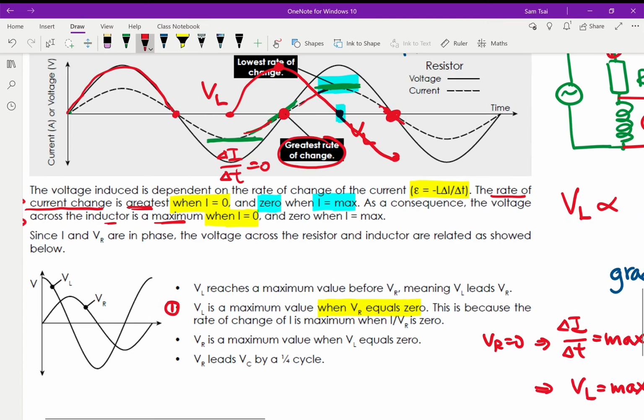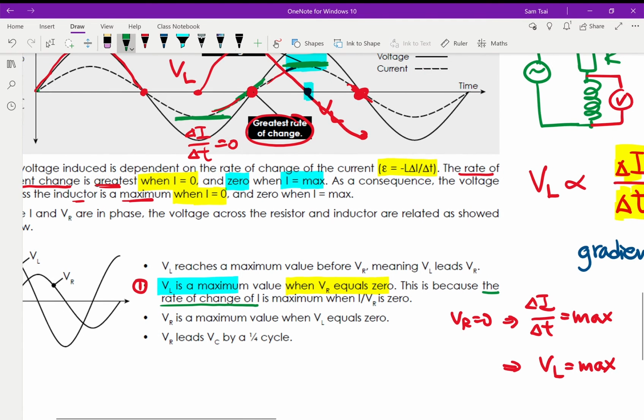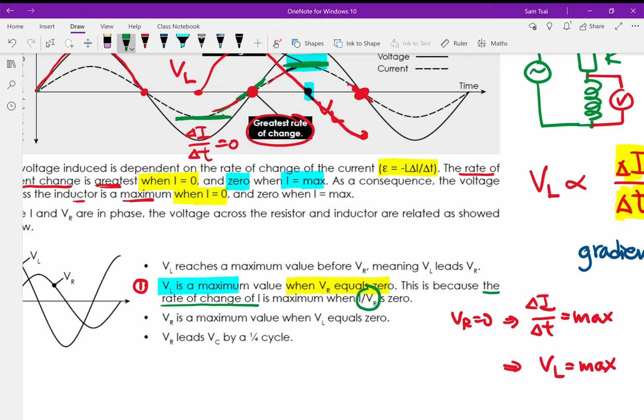So if VR is 0, VL is maximum, because the rate of the changing I is maximum. This wording is confusing; it actually means I or VR is 0.